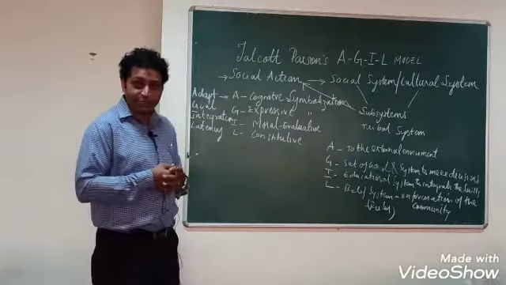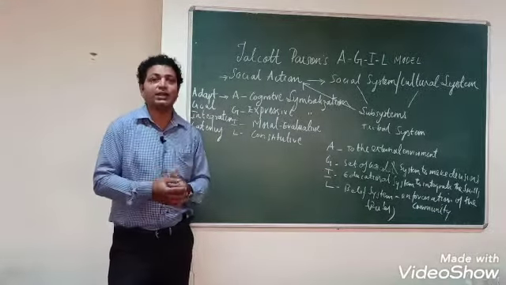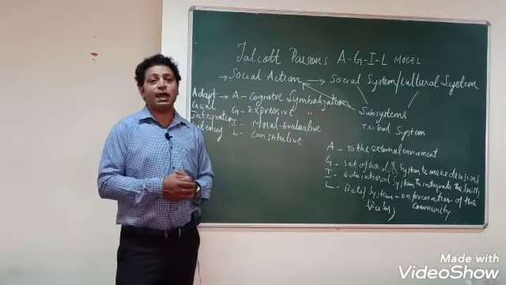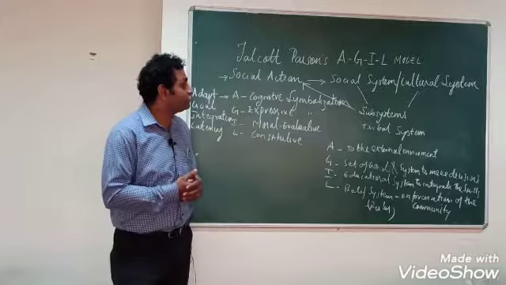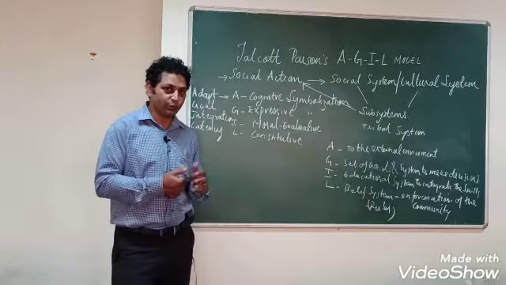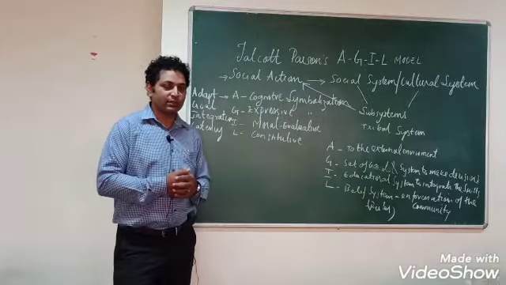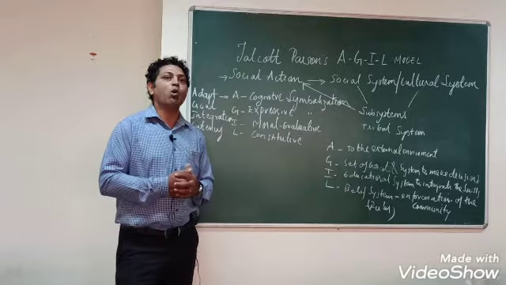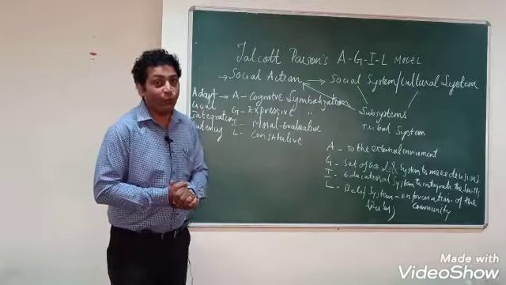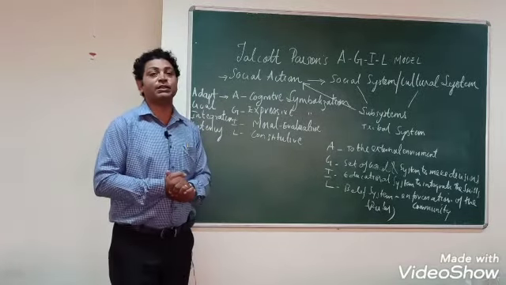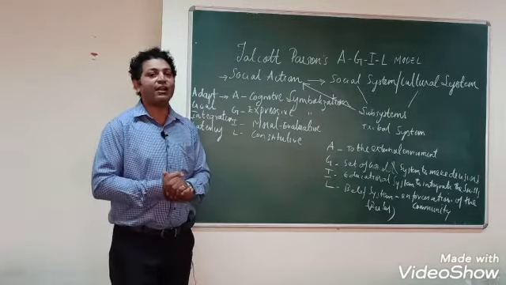I would like to explain this AGIL model and its application with the help of a subsystem, and that subsystem is the tribal system. We will see how we could understand a tribal system with the help of AGIL.